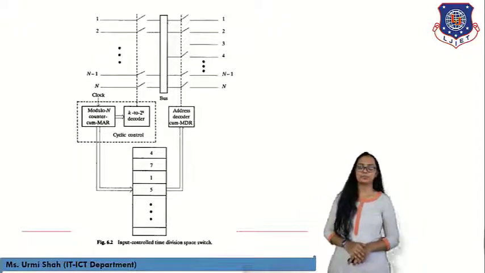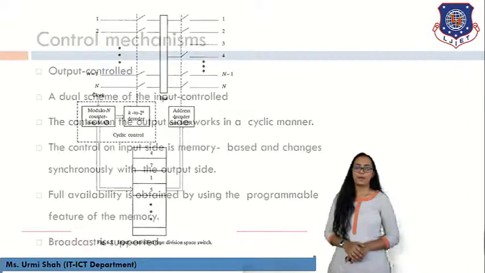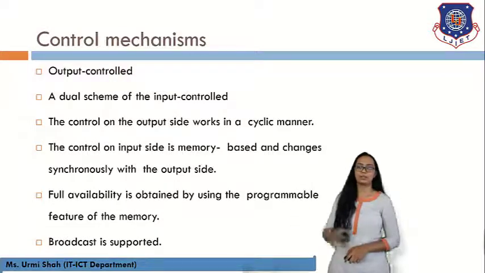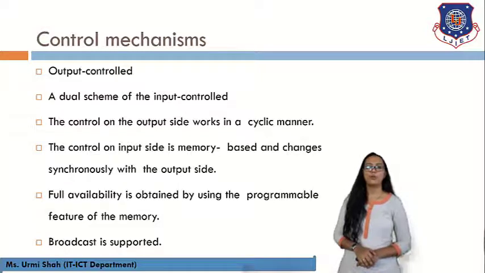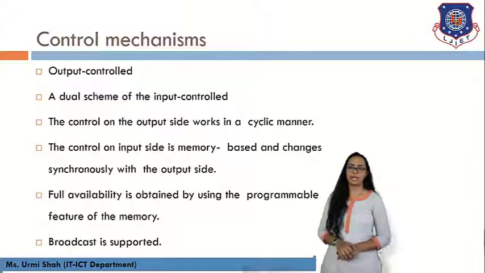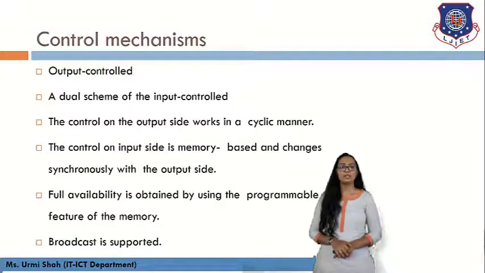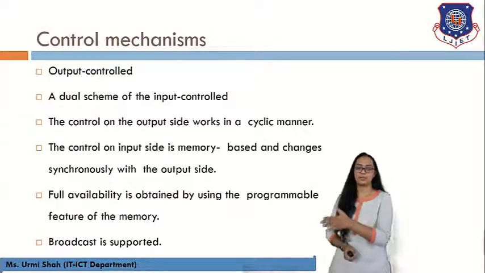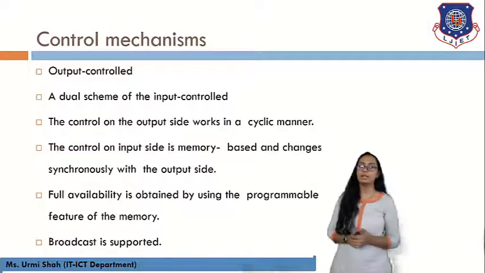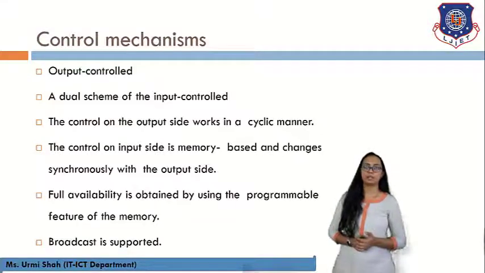Nextly, if we are talking about the control mechanism, then it includes programmable memory that we saw in the previous session. The next part is the output controlled control mechanism. It is a dual scheme of input control. The same thing happens at the output side which happened at the input controlling unit.